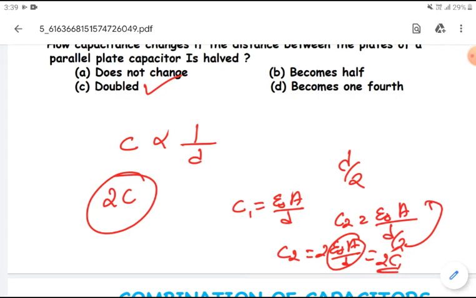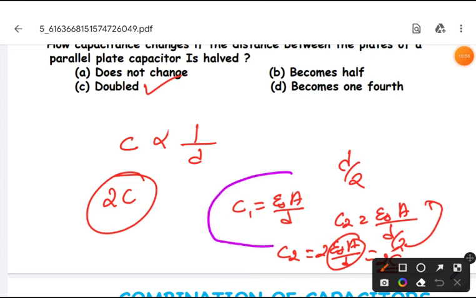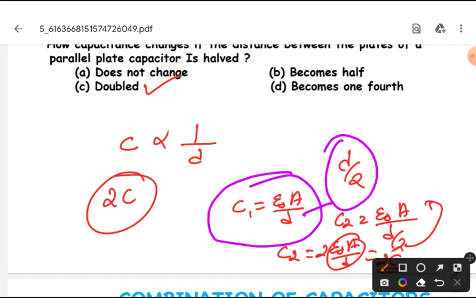Another important formula: C1 is equal to epsilon 0 into A divided by D by 2, so C1 is equal to 2 into epsilon 0 A by D, and epsilon 0 A by D is equal to C. So C1 is equal to 2C. The capacitance increases by 2 if the distance between the plates is halved.